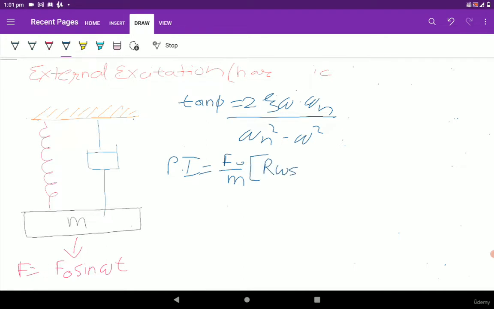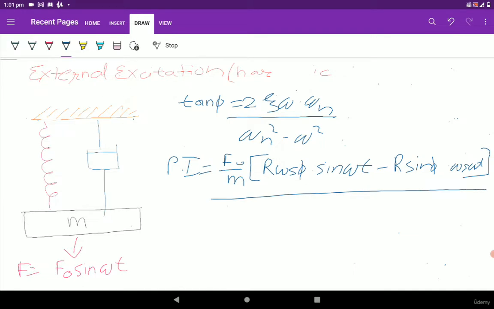r cos phi dot sin omega t minus r sin phi dot cos omega t, divided by r square. So after further simplification, we are going to get f naught by m dot r sin of omega t minus phi, divided by r square.